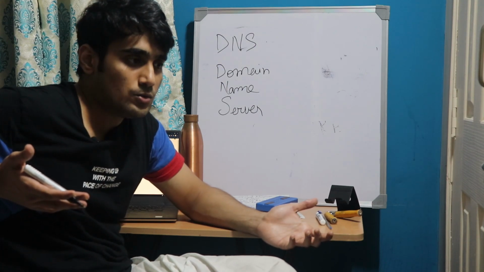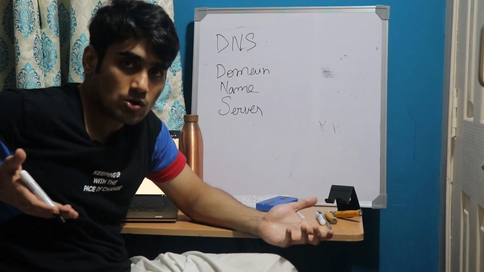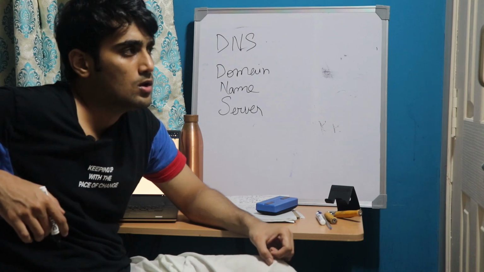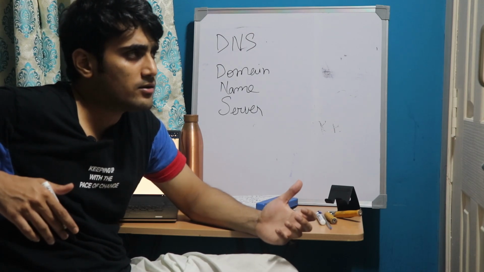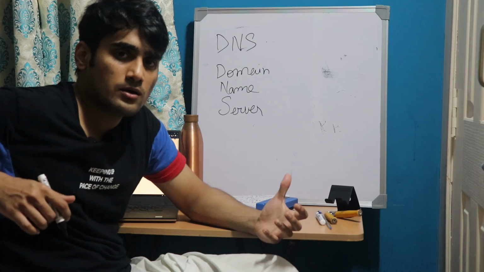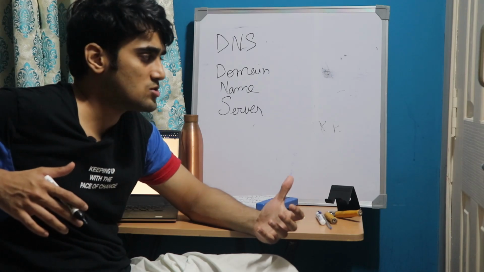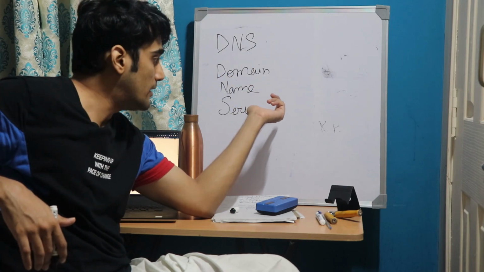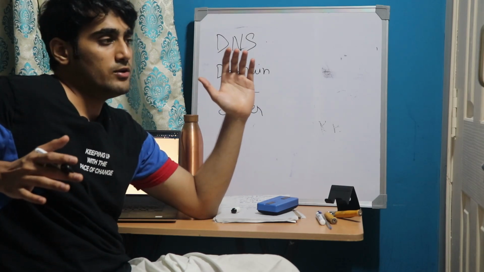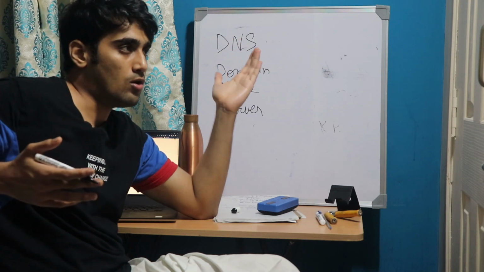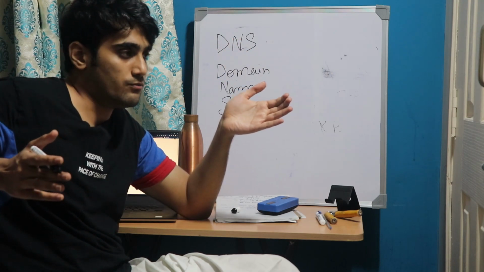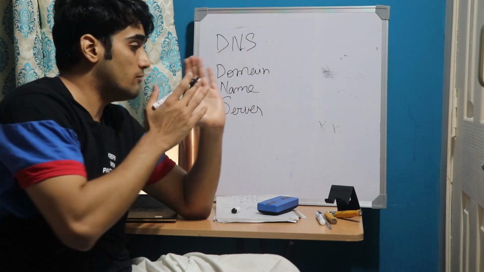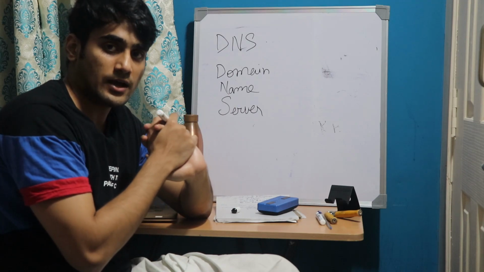No, you just type www.facebook.com and you get the Facebook page. So where does the actual binary address, received by the browser, come from? There comes the domain name server. A domain name server keeps the mapping of these domain names like facebook.com, google.com, linkedin.com, with their binary addresses, their actual destinations.